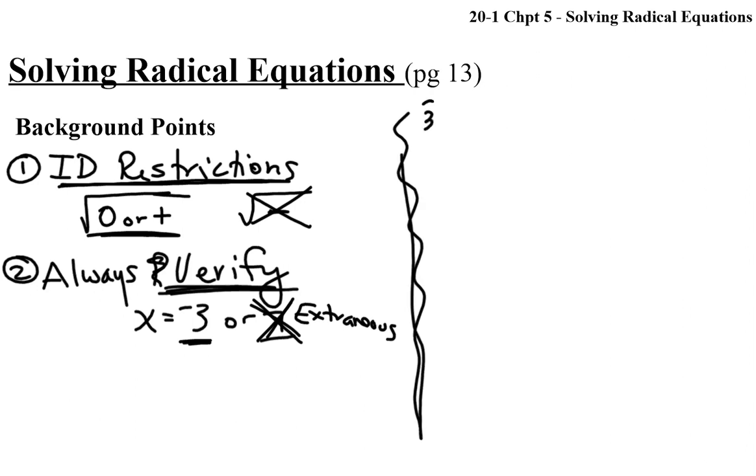And now the third point. It's kind of quirky, but if you have some kind of a question where the radical is already drawn, if something ever said x equals the square root of 25, in this case, x is 5.